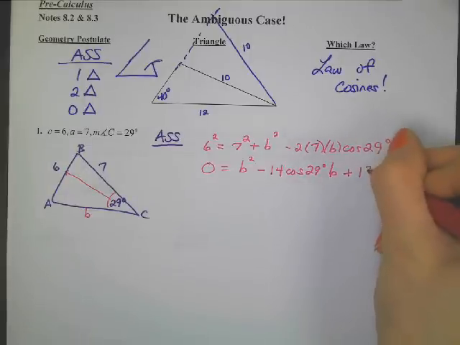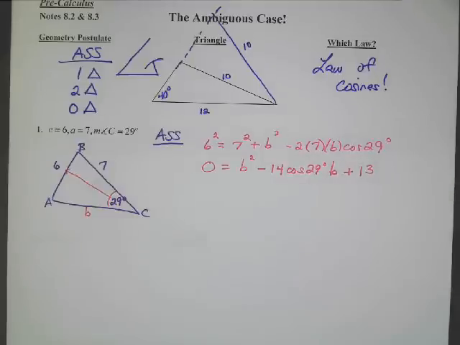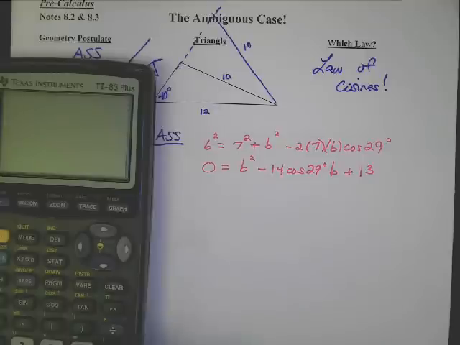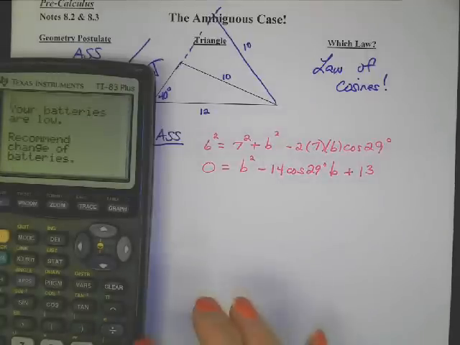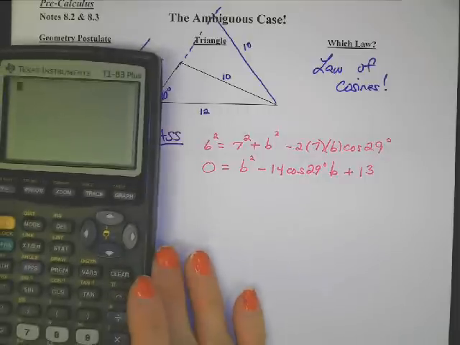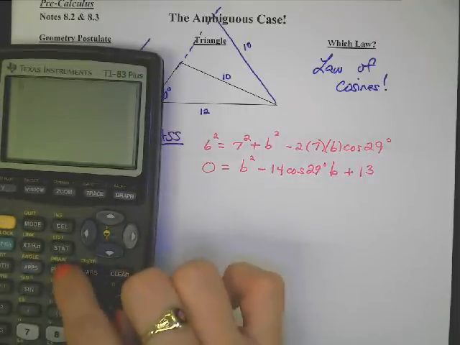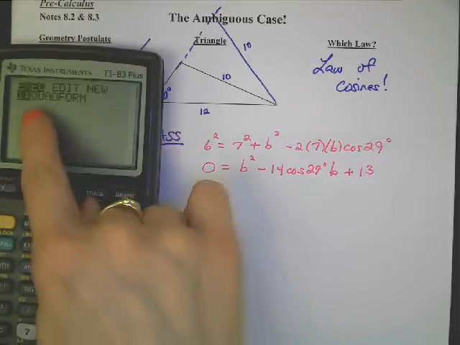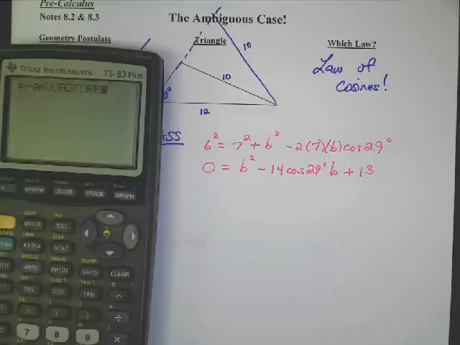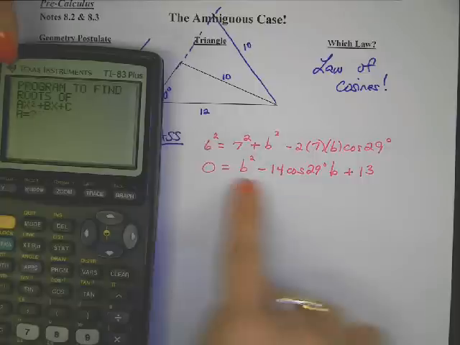Okay, 13. All right. Now the best way that I found to solve this nice quadratic equation is with the quadratic formula. So please turn your calculator on. Let's just ignore that warning. We're going to go to the program button right there, and we're going to use the quadratic formula program. Now, we're going to find the roots, the solutions.